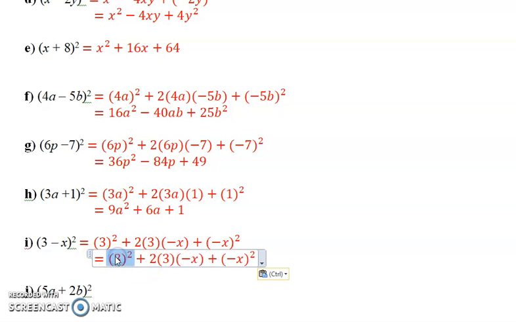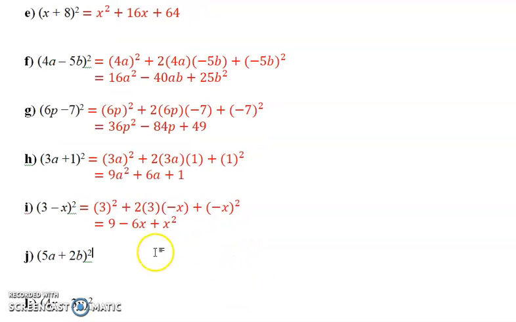We get 3 squared is 9. 2 times 3 times negative x is negative 6x. My apologies, 9 minus 6x. And the negative x squared just becomes, obviously, x squared.